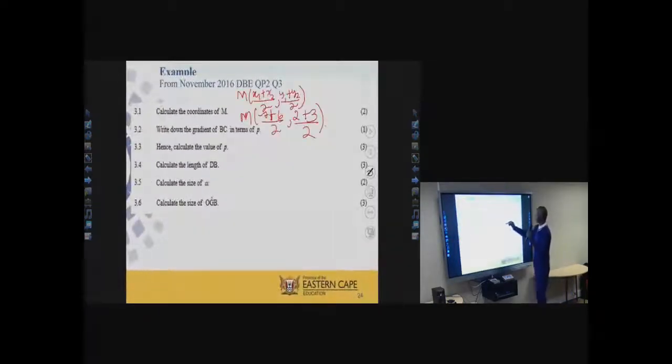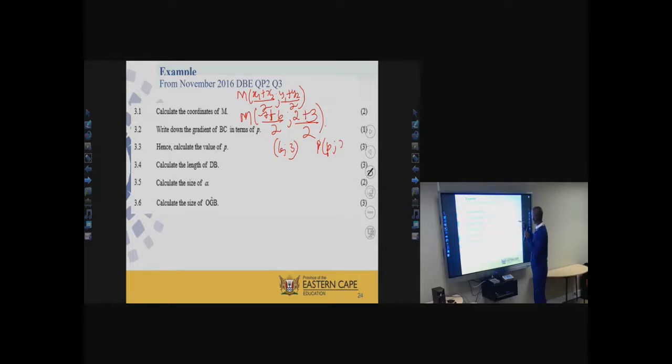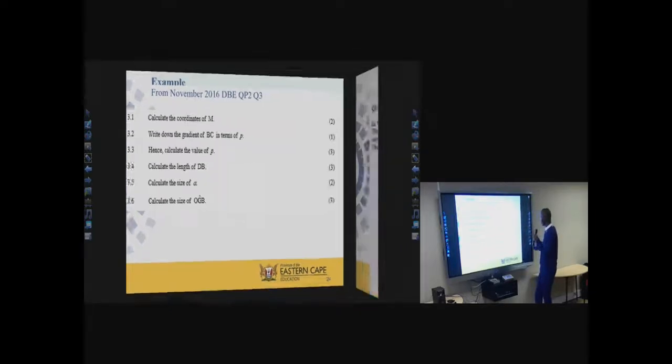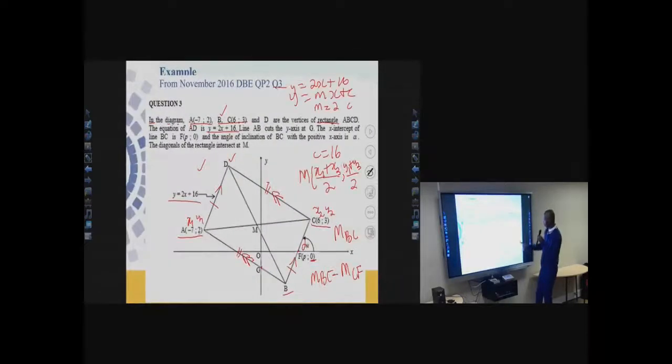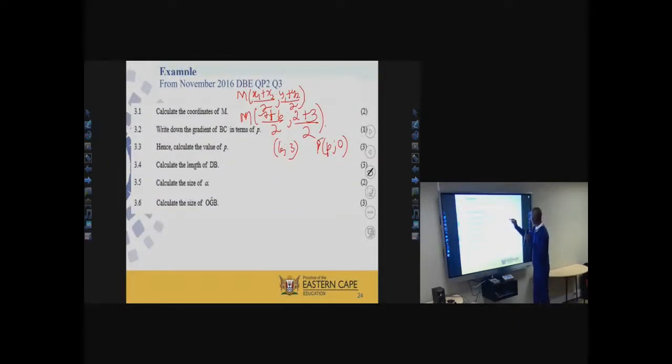You've got 6 and 3 as well as small letter P and 0. So you are having those 2 points now. Let me quickly recall, that was point C and point F. So this is point F and this is point C. When you are writing the gradient, remember the gradient is y2 minus y1 over x2 minus x1.